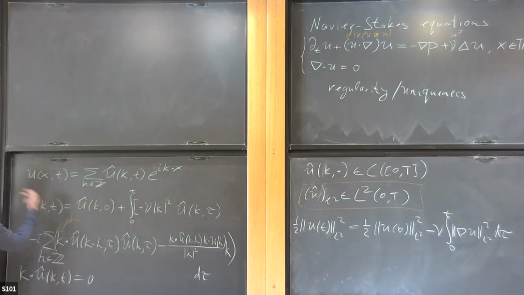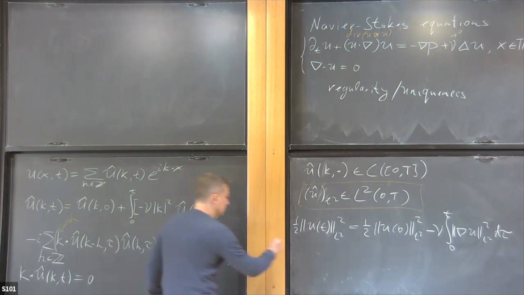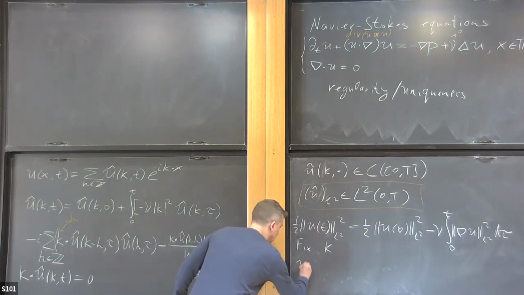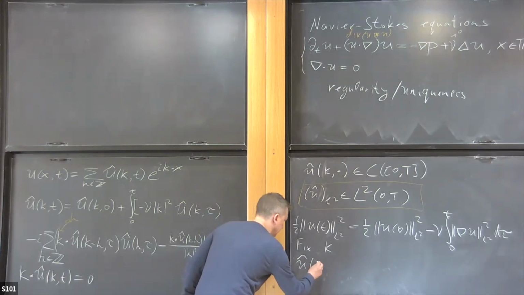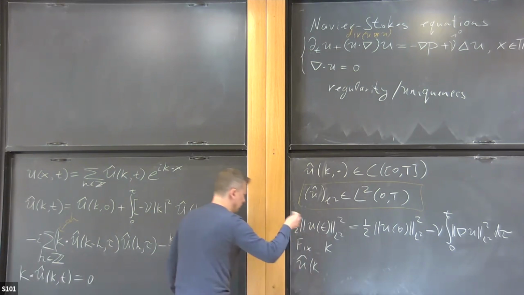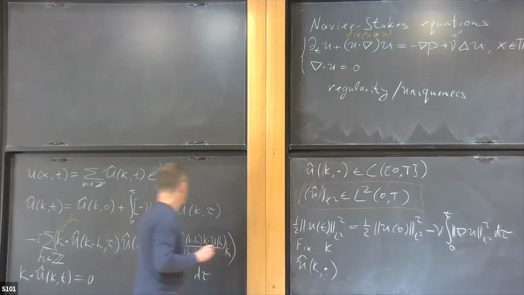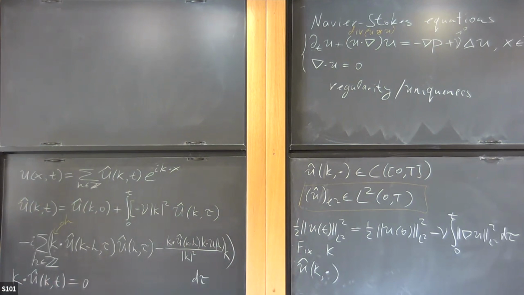Then if you fix a Fourier coefficient k, you look at the following sequence. Let me take a summation for h less than some number capital N. This is what we call a Galerkin approximation.